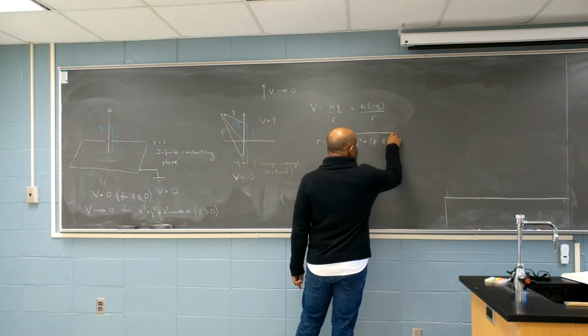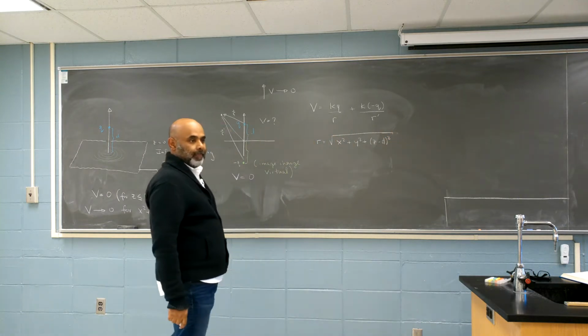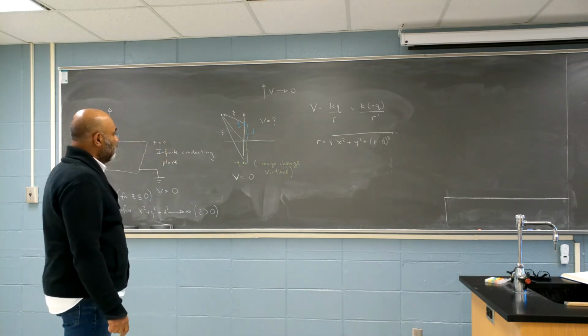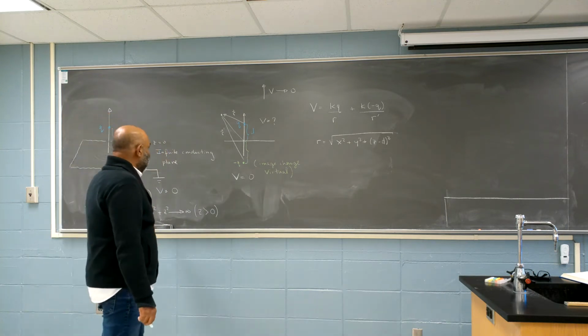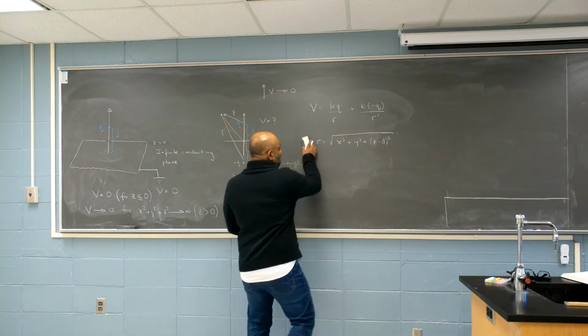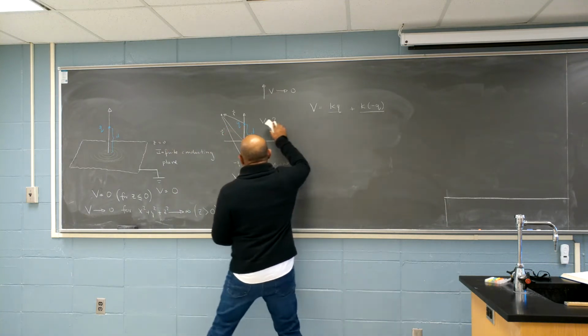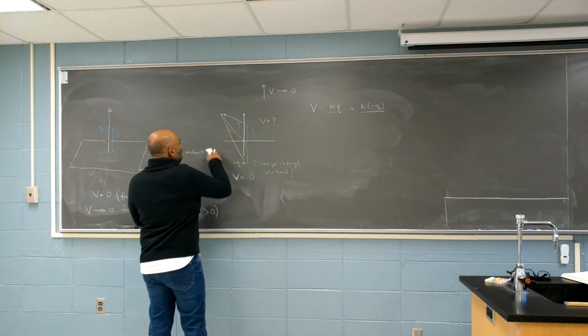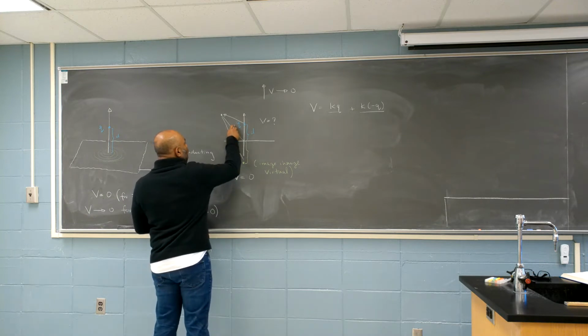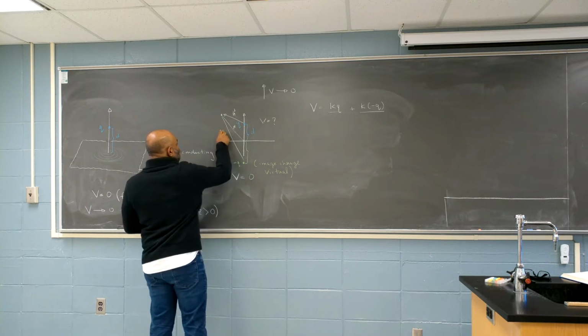Is that clear? Let me clarify, and let me change my notation. We call this R. For any point, this is my separation vector.